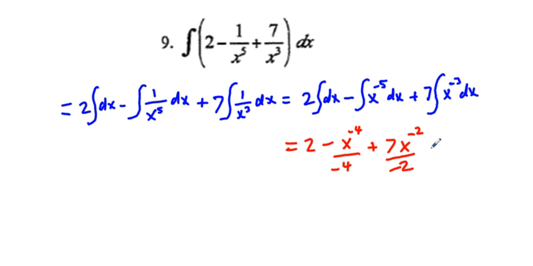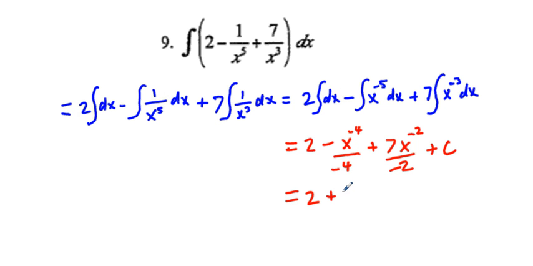And we have our constant of integration c. Okay, let's clean this up a little bit. We have 2 that comes straight forward, and we have negative divided by negative. So that's going to be positive.